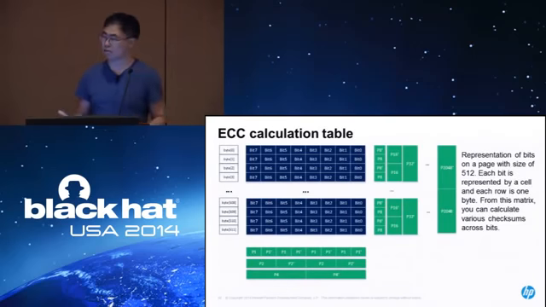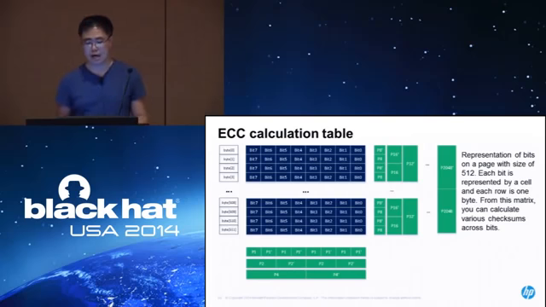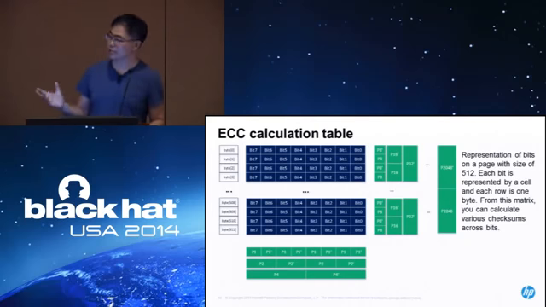So this table shows how this concept works for modern NAND flash memories. For this one, it is using a 512-byte page size, and each bit is represented as one cell here.